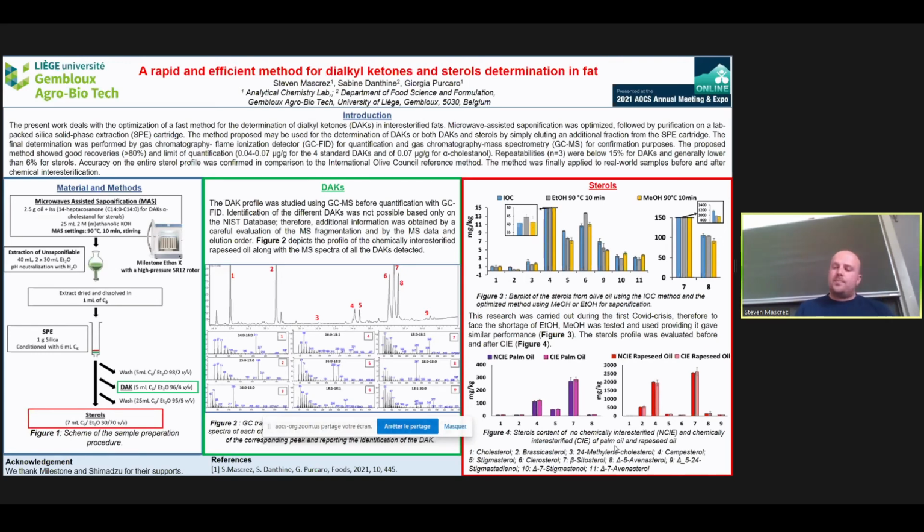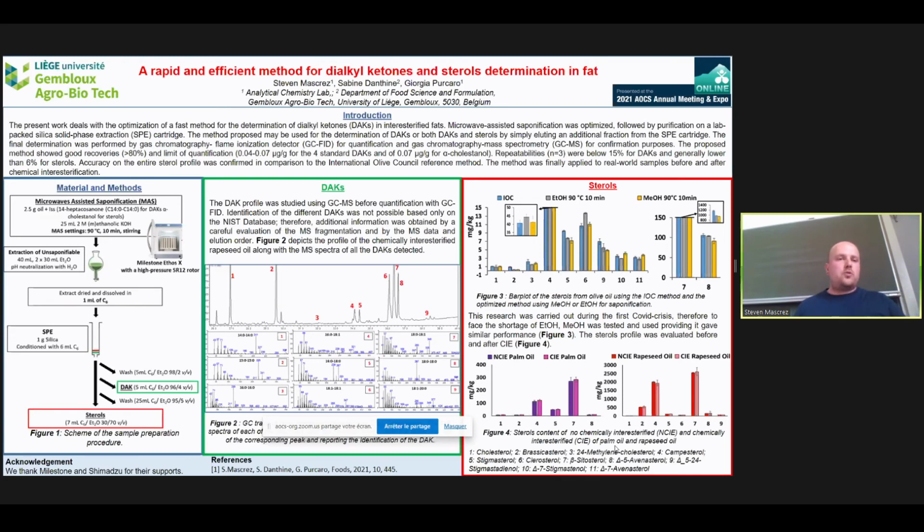And why we decided to develop a method on the Dialkyl ketones: it's a family of compounds that is not so well analyzed. There are very few methods to analyze and quantify them. And considering that there's no regulation on Dialkyl ketones, we decided to merge it with the sterol analysis, which is really widespread.